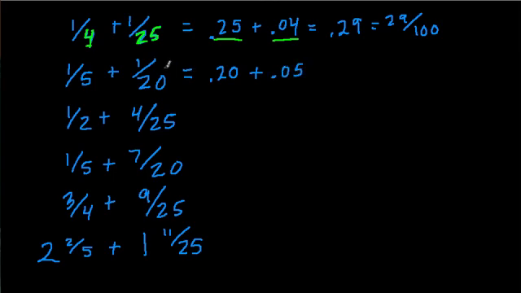Because a nickel goes into a dollar 20 times. And again, because this is a string, all of these are chosen to have some connection or to somehow be useful to each other. Here, 1/5, just like 1/4 gave us 25, 1/5 gives us 20 cents. And 1/20th gives us 5 cents, right? These numbers are connected, and I love that connection.